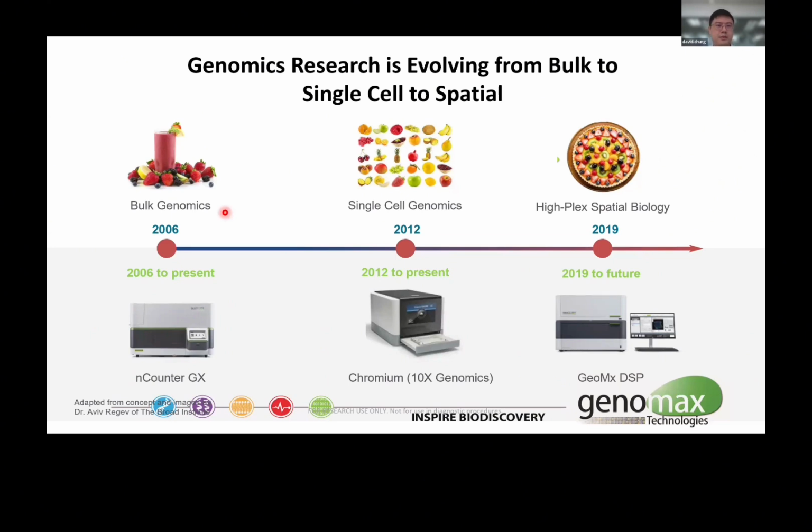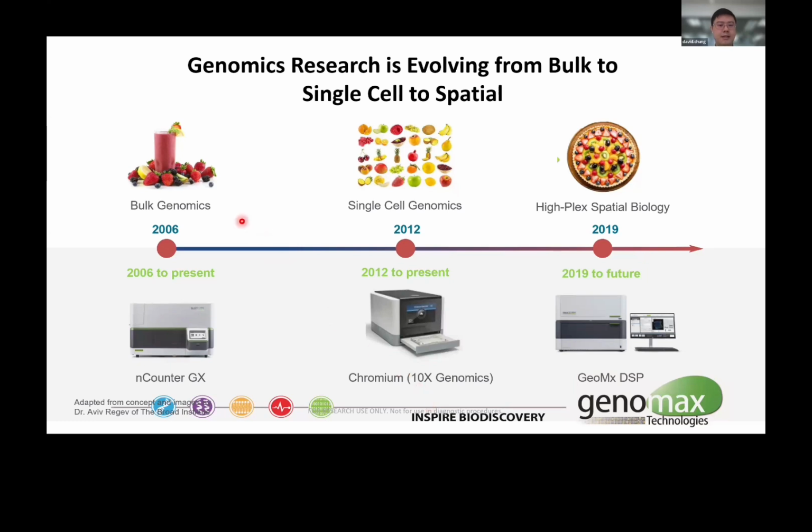So a lot of information can be obtained from bulk genomics, but the problem is, if you use fruit as an analogy, it's basically a blend of fruit juice. What you get is just a blend of everything. You get an average value out of everything that you have extracted from the tissue section. And then moving forward to 2012, 10x Genomics came out with the system called Chromium that is able to do single cell sequencing.